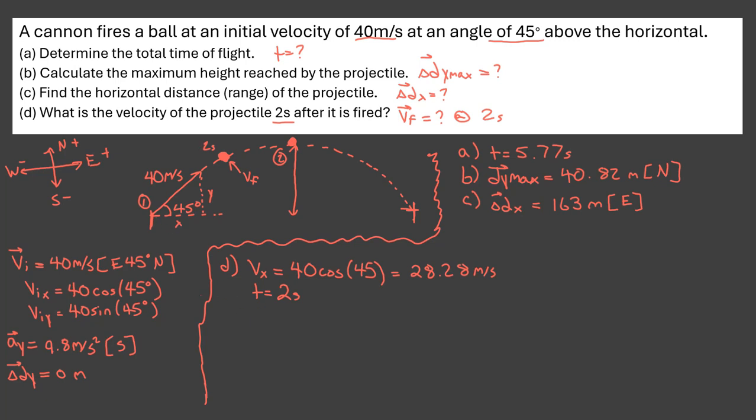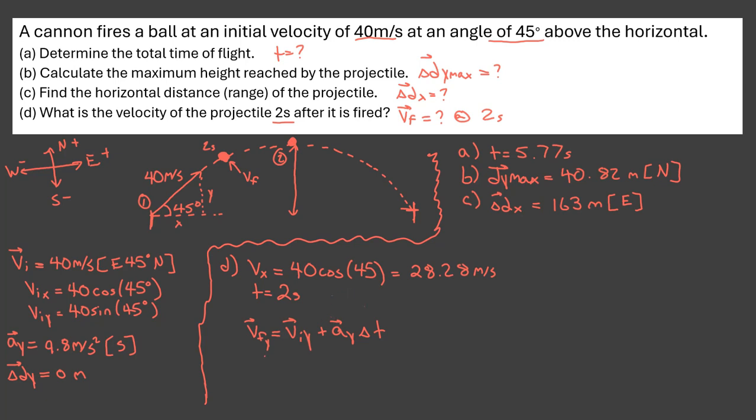So in order to find that final velocity, this is the big 5 kinematics equation that I'm going to use. My final velocity of the y is equal to my initial velocity of the y plus the acceleration of my y times the time.